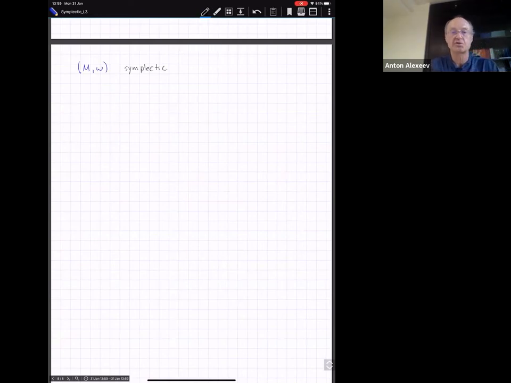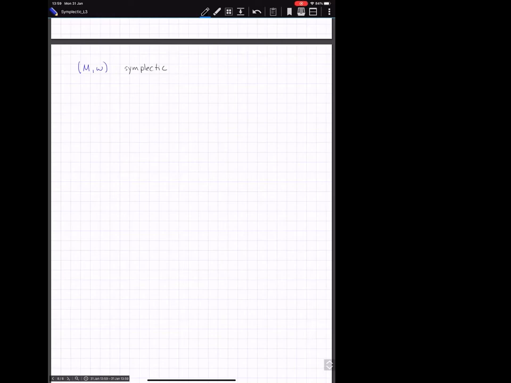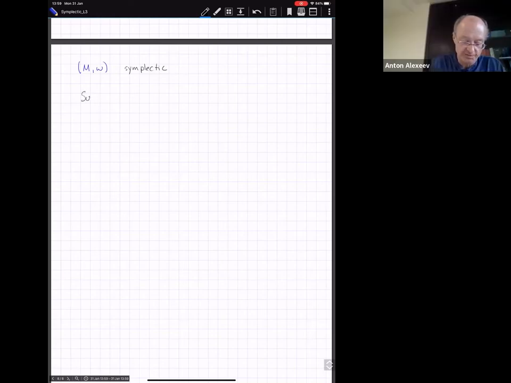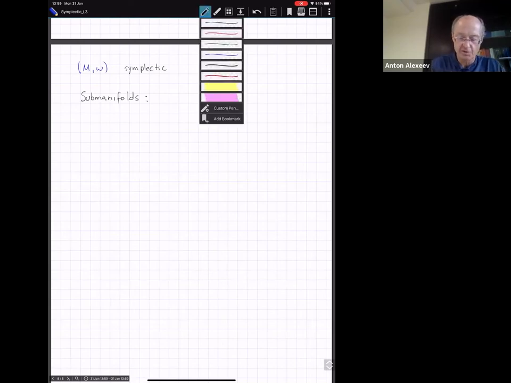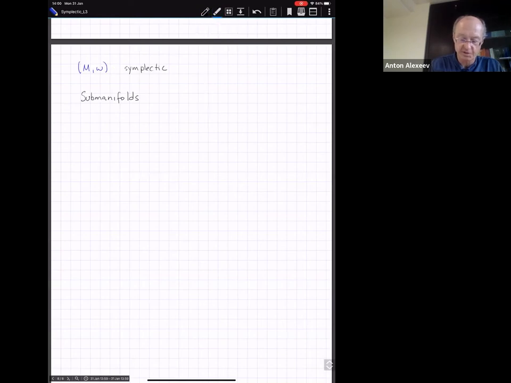Similar to the names that we gave to vector subspaces of a symplectic vector space, there are names given to submanifolds.